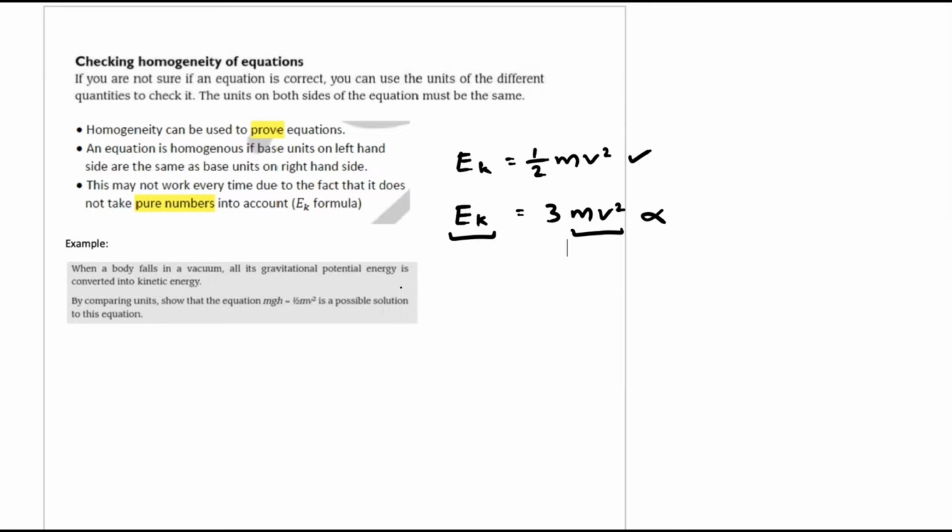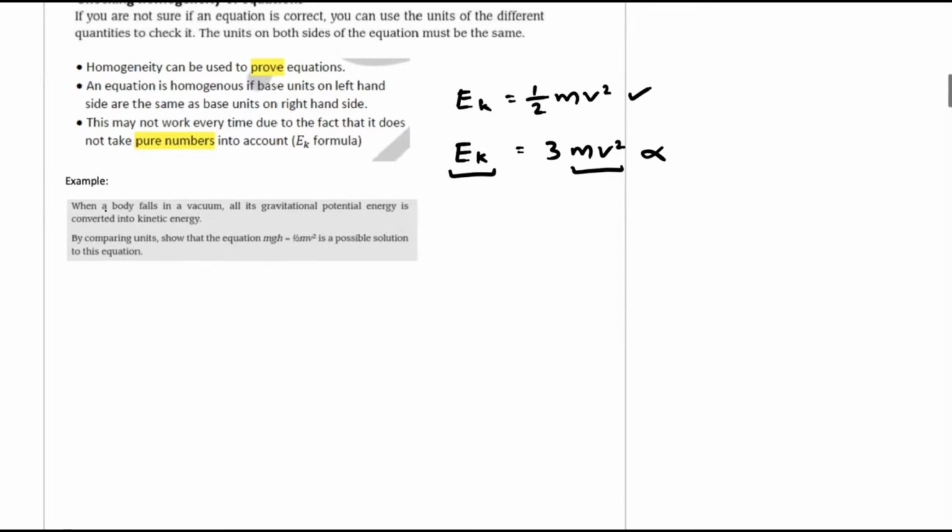Let's see one example again. When a body falls in a vacuum, all its gravitational potential energy is converted into kinetic energy. By comparing units, show that the equation mgh equal to half mv squared is a possible solution to this equation. Let's see mgh.